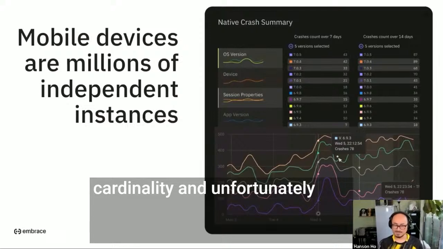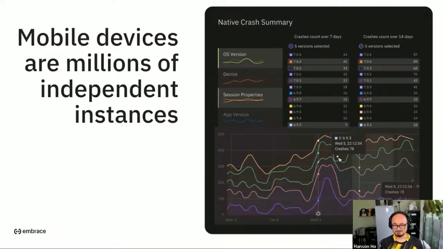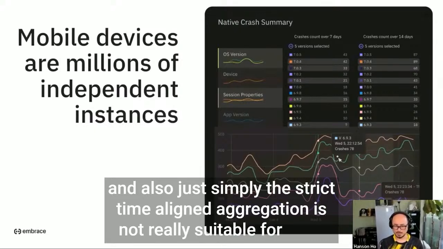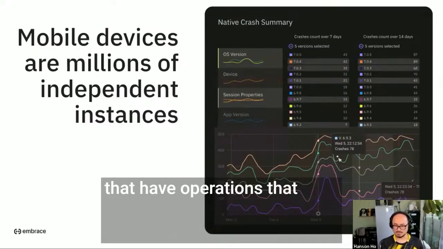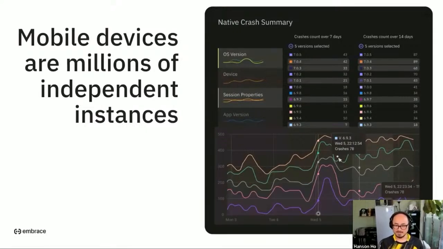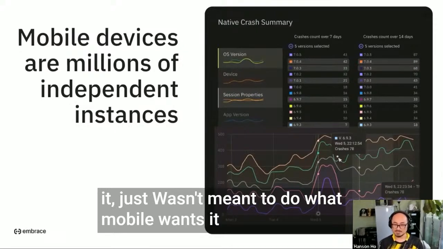And unfortunately, that just doesn't work fantastically well with OTel metrics. And also the strict time-aligned aggregation is not really suitable for apps that have operations of variable duration and have data come in at any time. It just wasn't meant to do what mobile wants it to do.